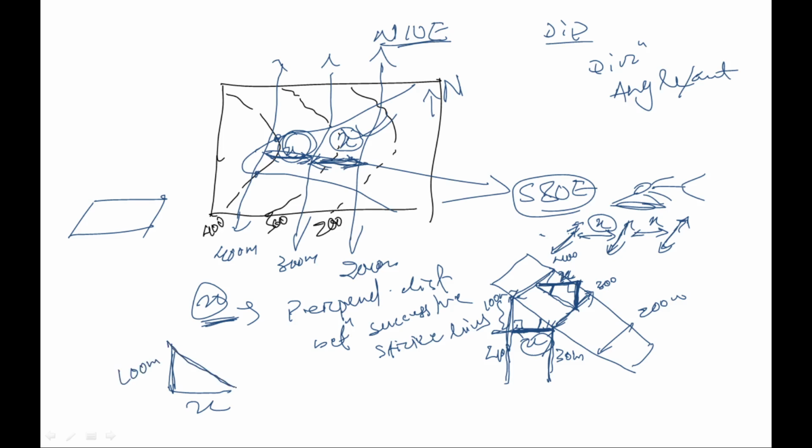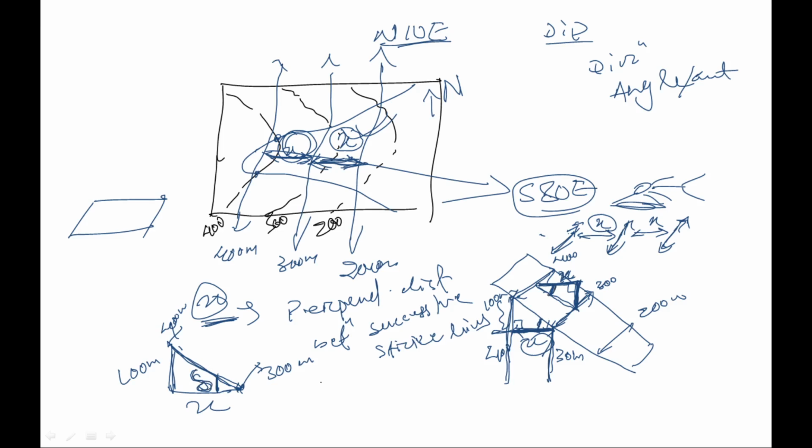Then this is the bed. But here the strike line is going, at here the 400 meter strike, right? This is the bed. This is the angle of the dip. This angle you have to find out.